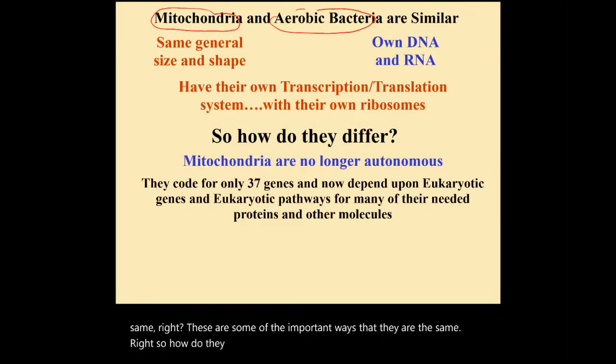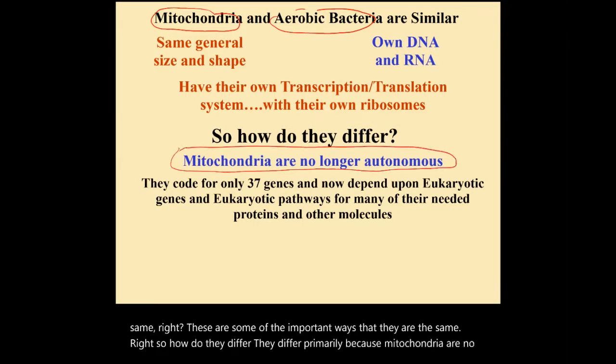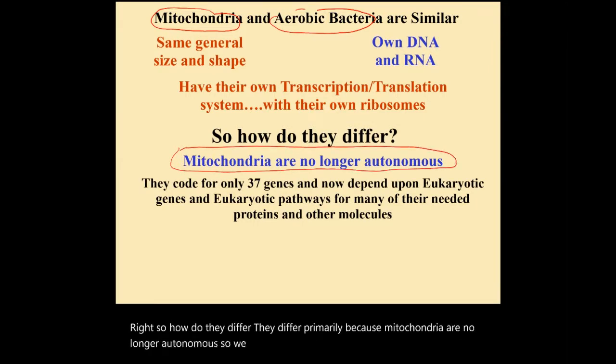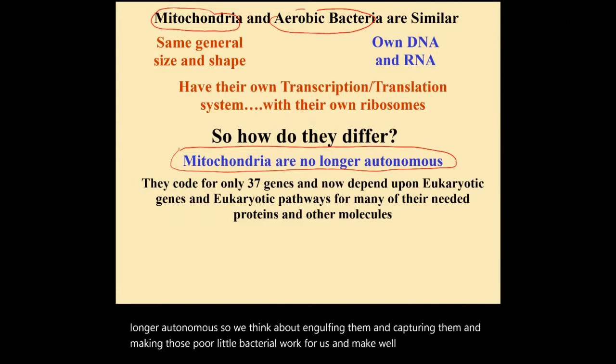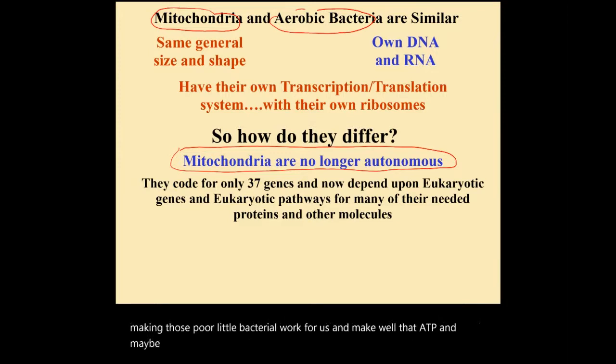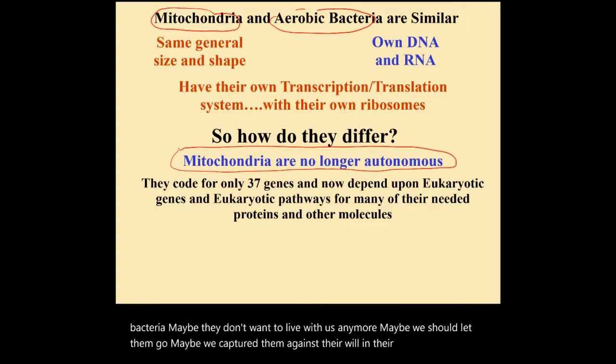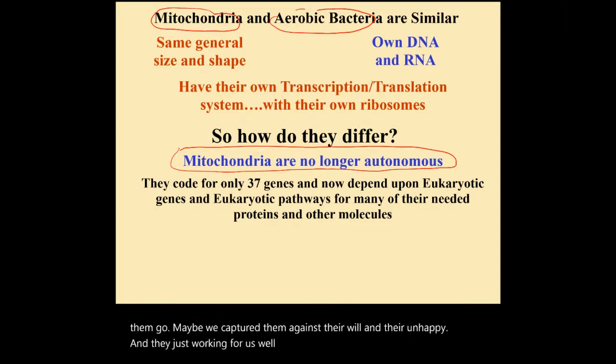They differ primarily because mitochondria are no longer autonomous. So we think about engulfing them and capturing them and making those poor little bacteria work for us and make all that ATP. And maybe they really want to be let free, right? Maybe they want to be free living bacteria. Maybe they don't want to live with us anymore. Maybe we should let them go. You know, maybe we captured them against their will and they're unhappy and they're just working for us. Well, through evolution, guess what happened?